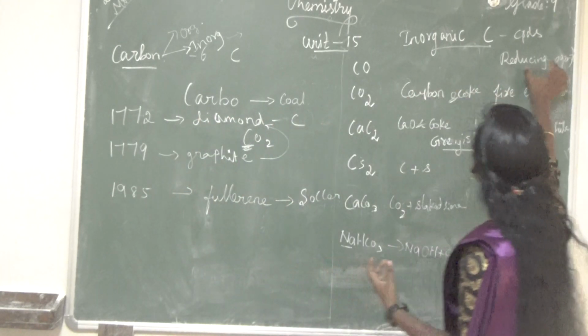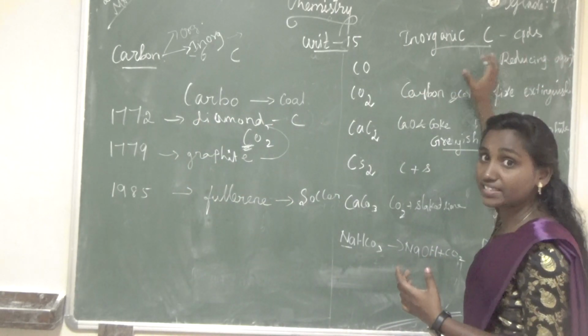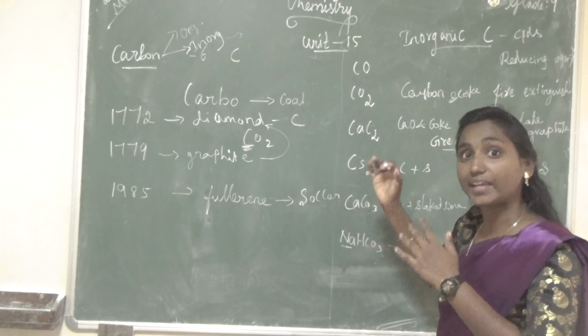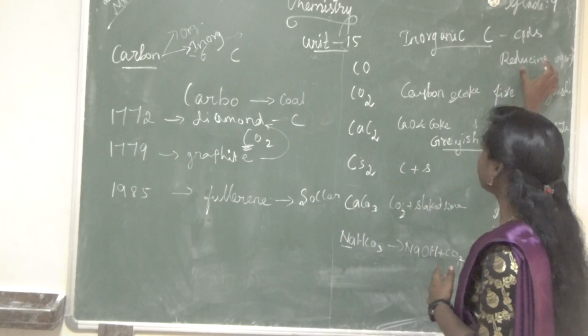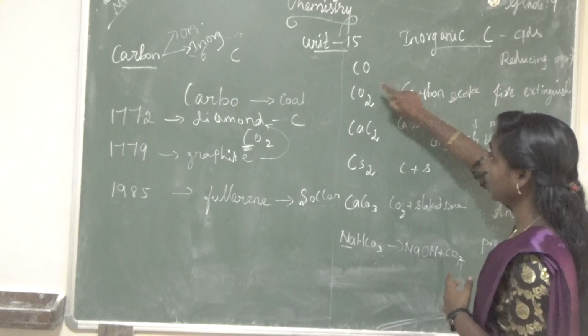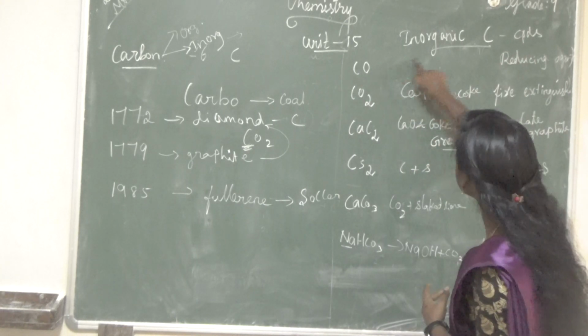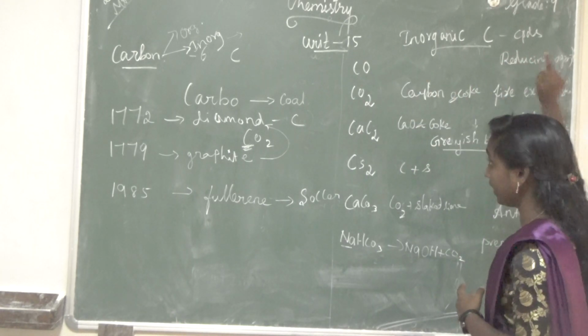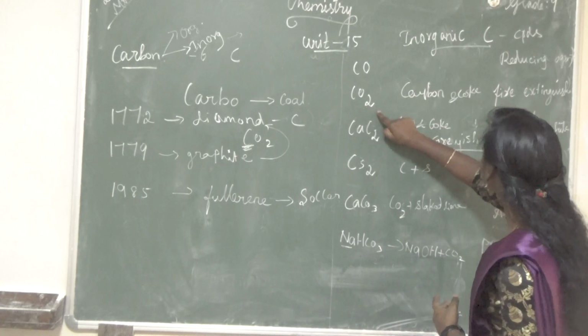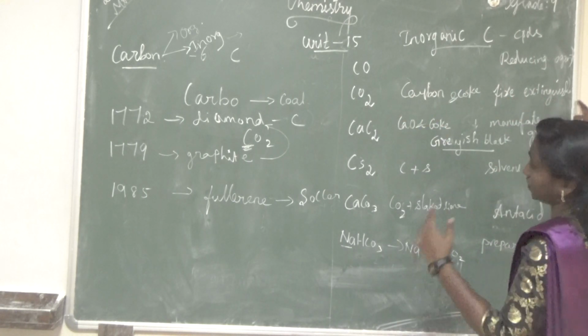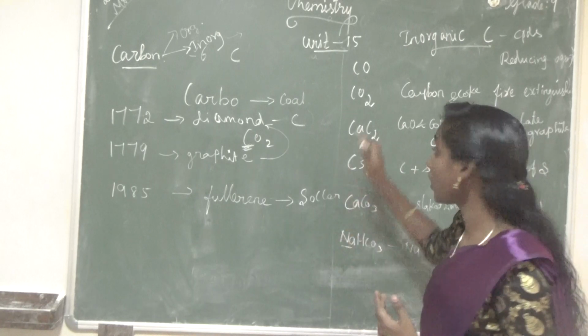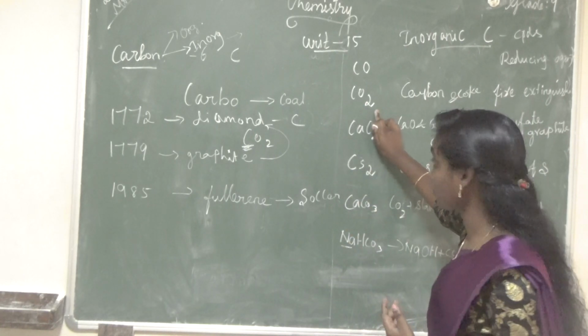That is a form of a reducing agent. Iron is converted to form iron oxide. That is a type of chemical reaction. So carbon monoxide is used as a reducing agent. Then carbon dioxide is used in fire extinguishers. To put out a fire, we are using carbon dioxide gas.